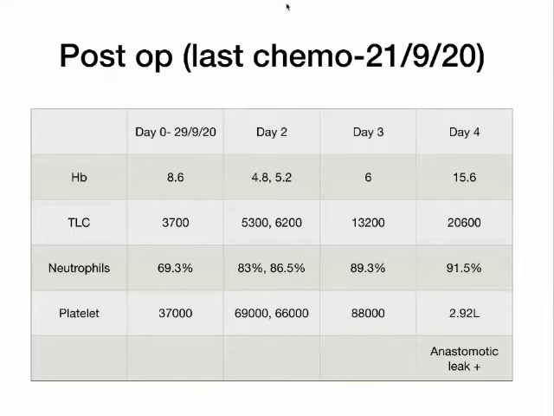Prior to chemotherapy itself, the child presented with bilious vomiting. We suspected a subacute intestinal obstruction and managed it conservatively, and the child responded. So we referred back for neoadjuvant chemotherapy.